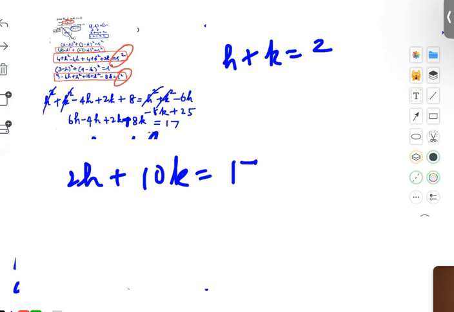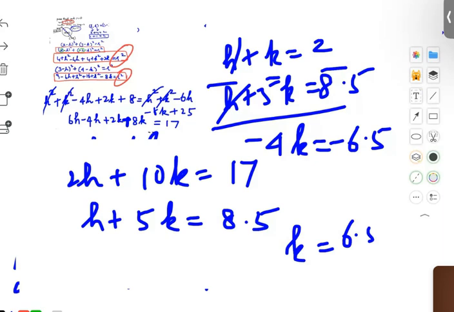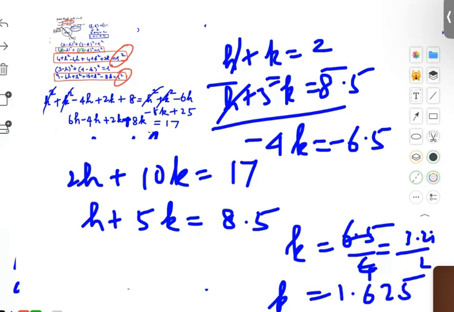This is equal to 7, is it? Yes. So you got k is 1.625.